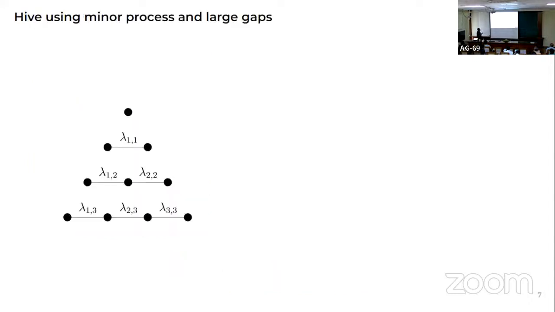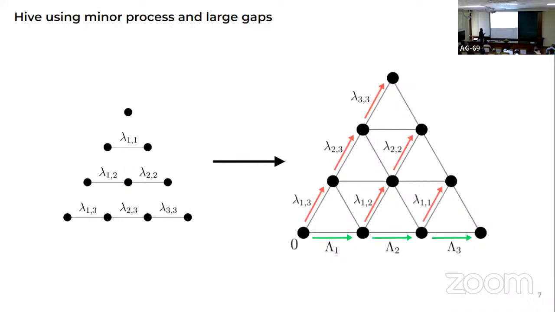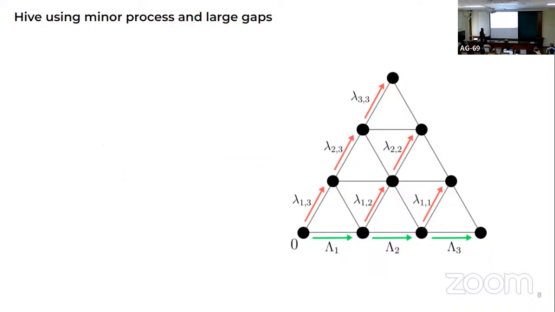Now I'll show how we get a hive using the minor process and large gaps. Imagine we took a Hermitian matrix and obtained its eigenvalues using the minor process. We put the values on the sides as follows: the last row is put here, the second last row here, and so on. Now capital lambda, which consists of this sequence of lambda i's, is said to have large gaps if the following is satisfied.